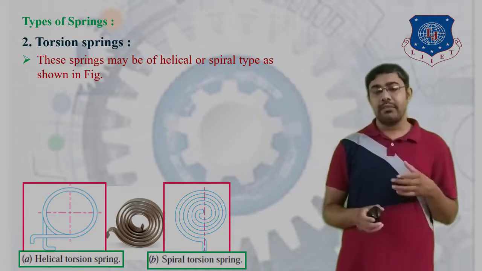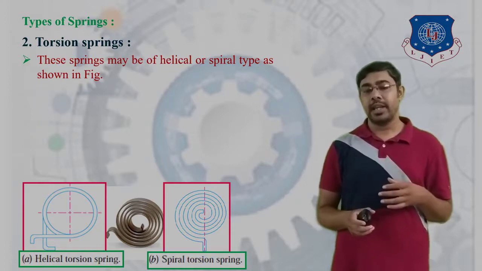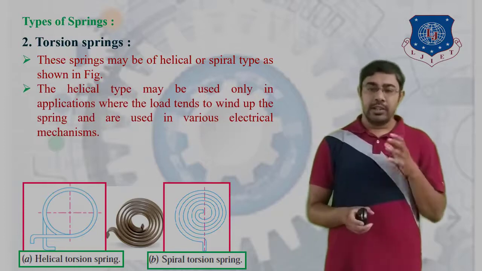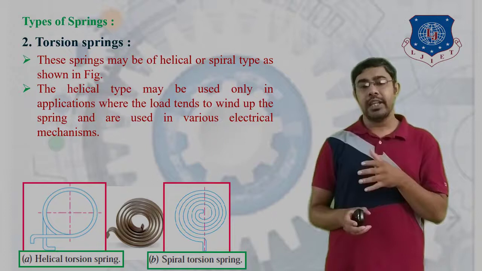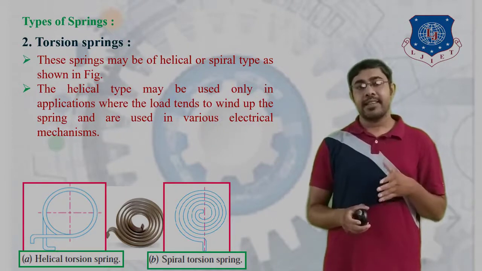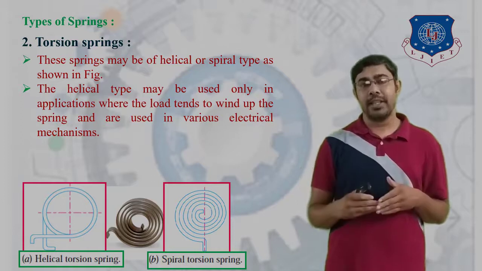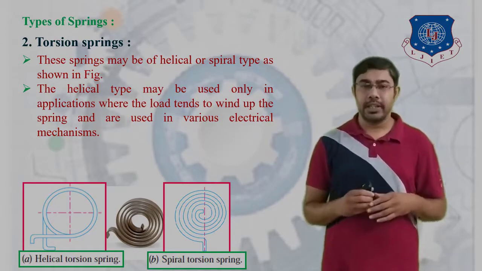You can see both helical and spiral torsion springs in the figure. The helical type may be used only in applications where the load tends to wind up the spring, and is used in various electrical mechanisms.